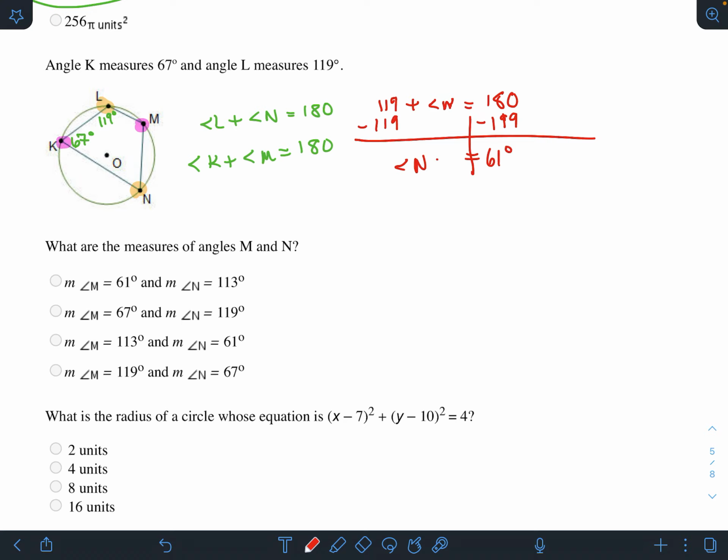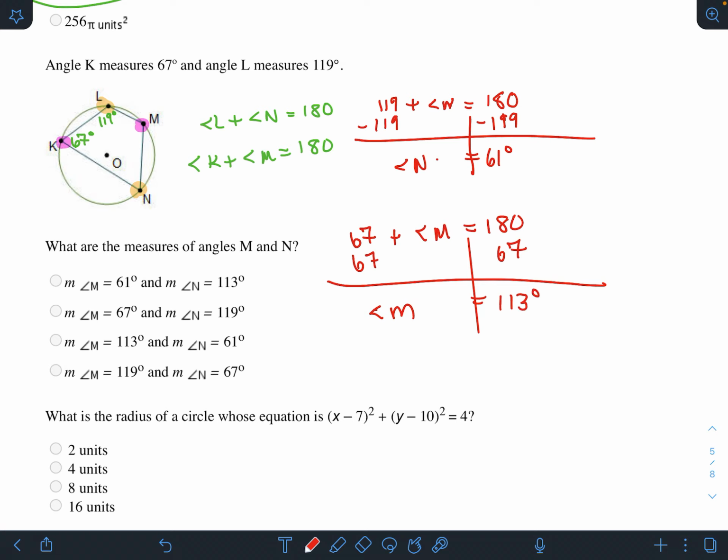Now solving for angle M, we can plug in the value of K, so 67 plus angle M is going to be 180. Subtracting 67 on both sides, we get that the measure of angle M is equal to 113 degrees. So our option here is the third one.